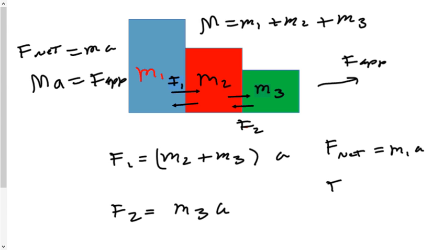If I wanted force net on box M2, I can just say M2 times A. And if I wanted the force net on box M3, I would just say M3 times A. Remember that when I want the net force on any individual object, it's always the individual object's mass multiplied by the individual object's acceleration. And the acceleration in all of these examples is going to equal the A that we found initially by our force applied equals capital M times A.